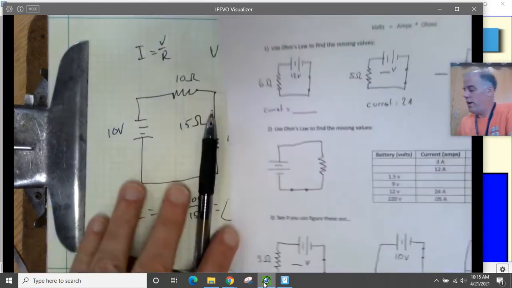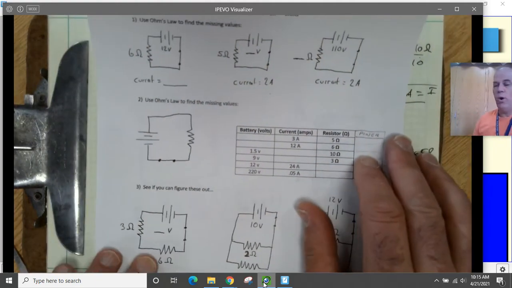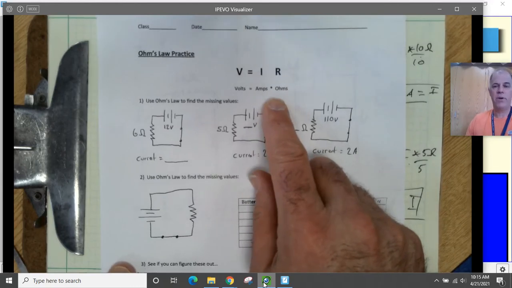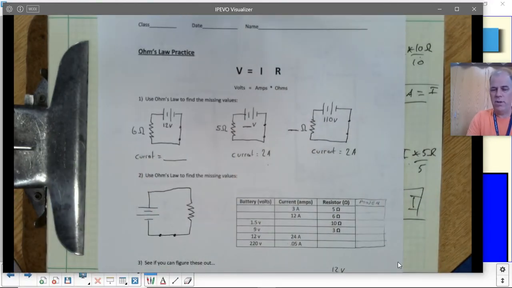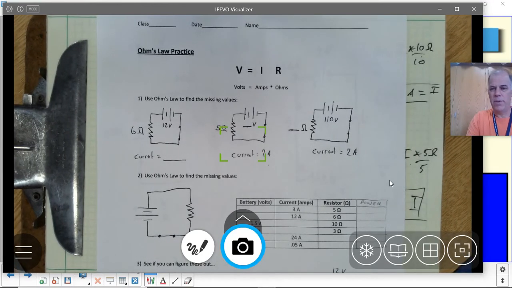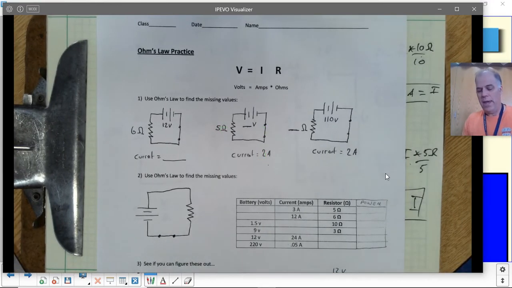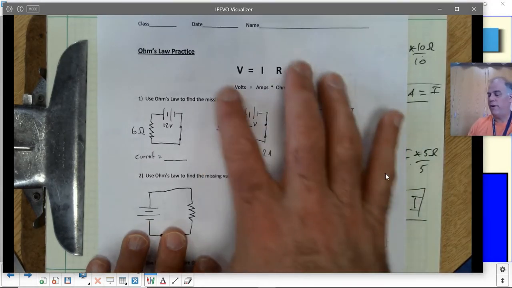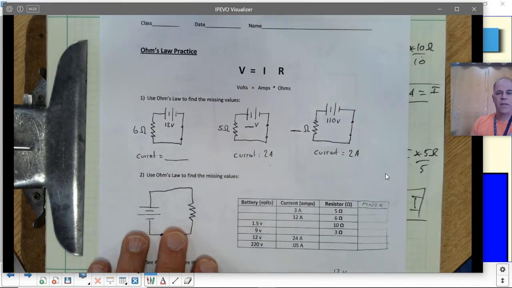So the worksheet that you're going to have looks like this. I hope you can print out a copy of it. Ohm's law is printed up here for you for easy reference so you can remember. Let's focus this again because it seems to be a little bit blurry. Yeah, that's better. Okay, and all you're doing really is just applying Ohm's law to these very simple circuits. That's on the top half here.